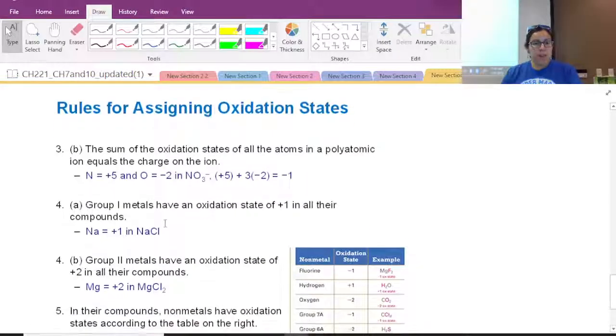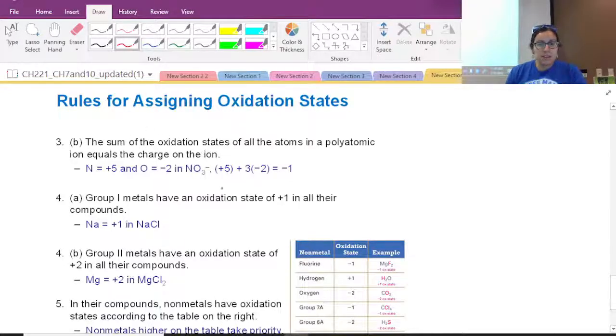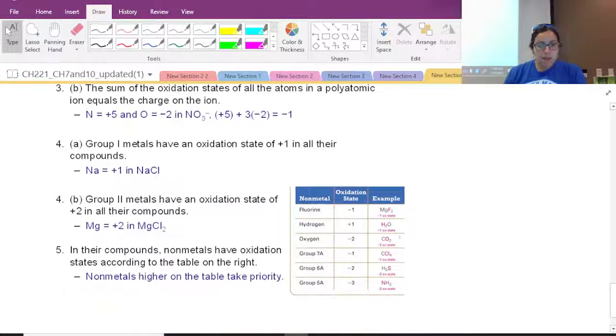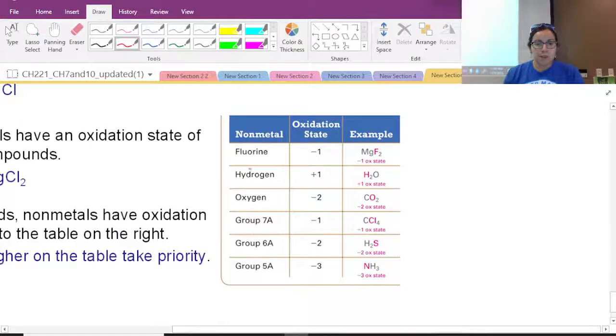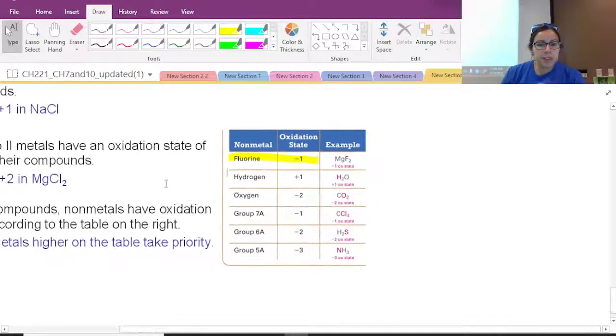Then we have to base our oxidation states on the other atoms in a certain order. These are the priorities. Fluorine is always in a -1 oxidation state, and it's at the top, so it takes priority.